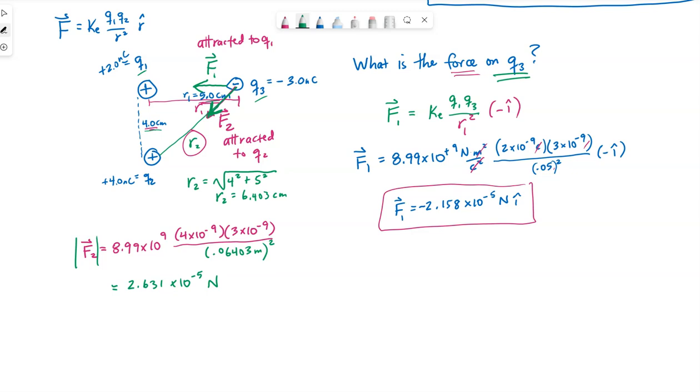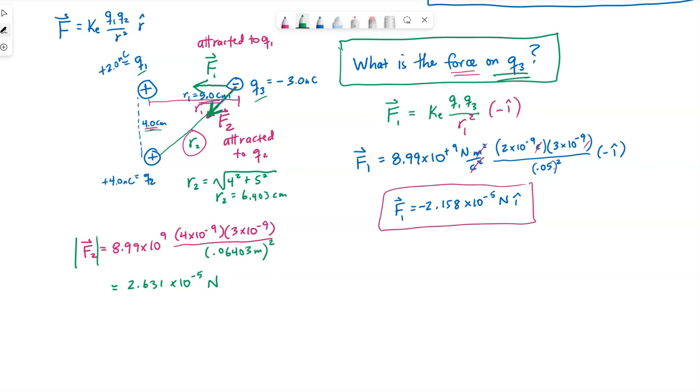Okay. Direction. In order to find the overall force on Q3, we need to be able to add these force vectors together. And to do so, we need to have them in terms of x and y components, because we add x components to x components, then we add y components to y components.